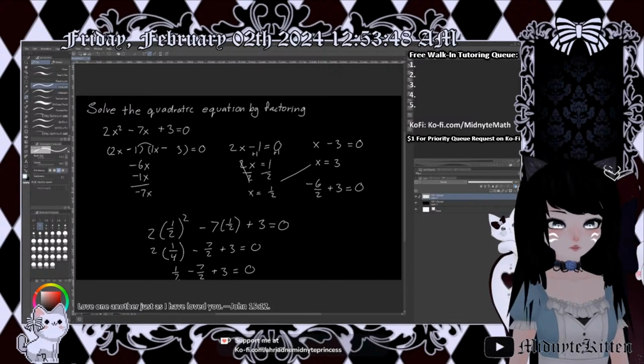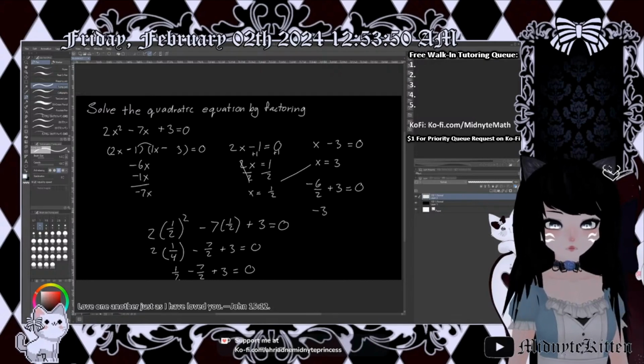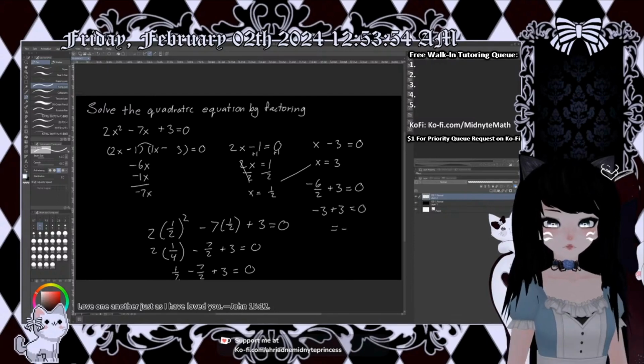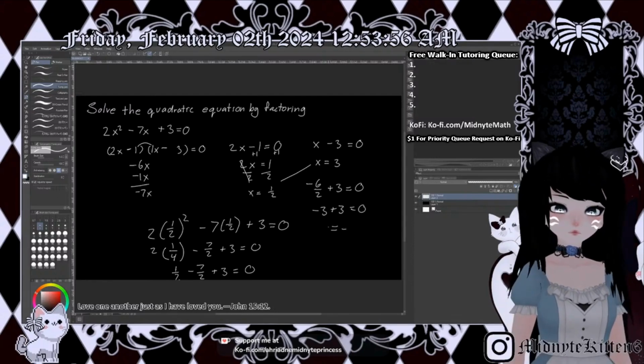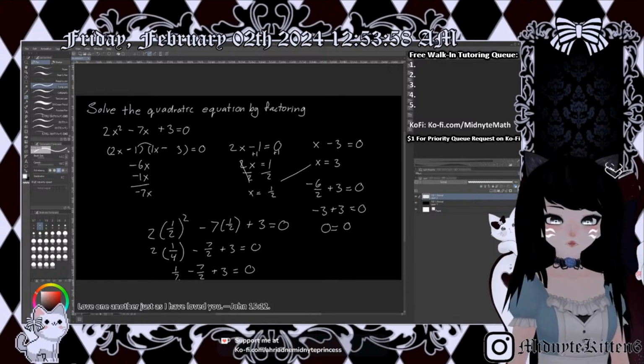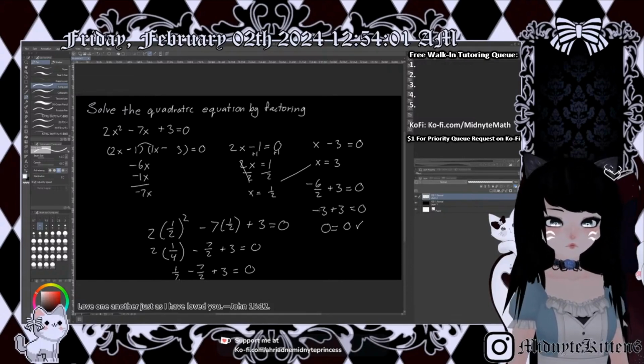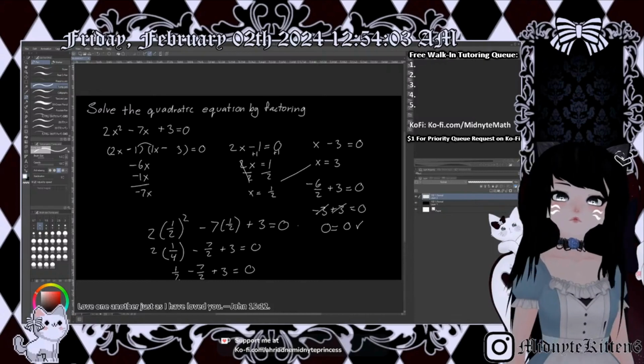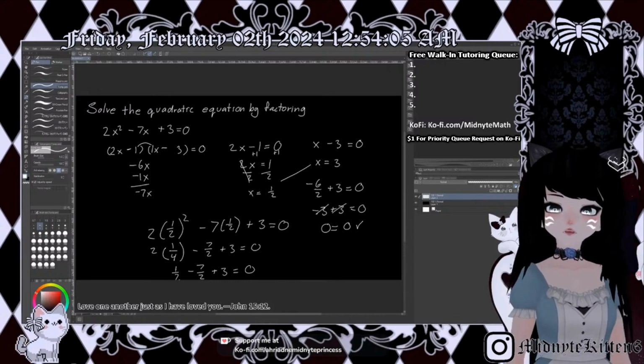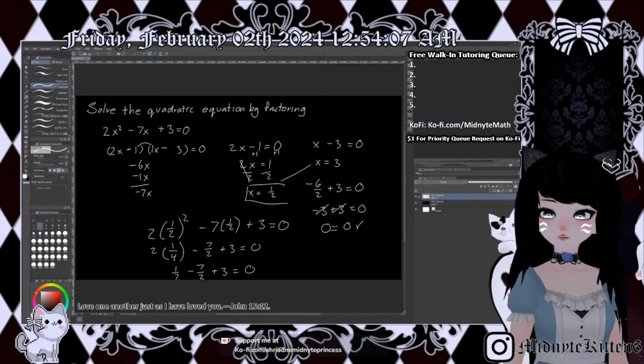When we reduce this down, we get negative 3 plus 3 equals 0. 0 equals 0. Whoops. Checks out. Our answer is x is equal to 1/2.